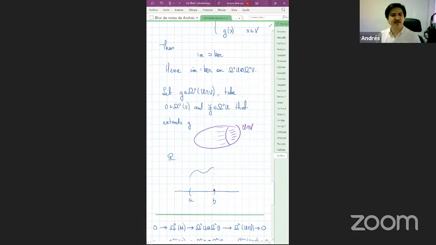You want to extend that function beyond a comma b. Basically, the whole point is what to do next. Further than that, you don't care. But how do you extend that to a smooth function?